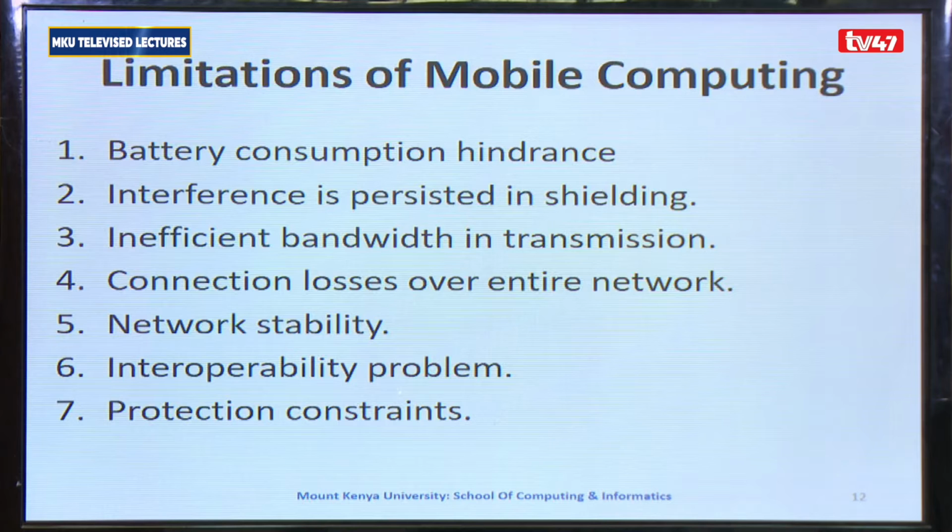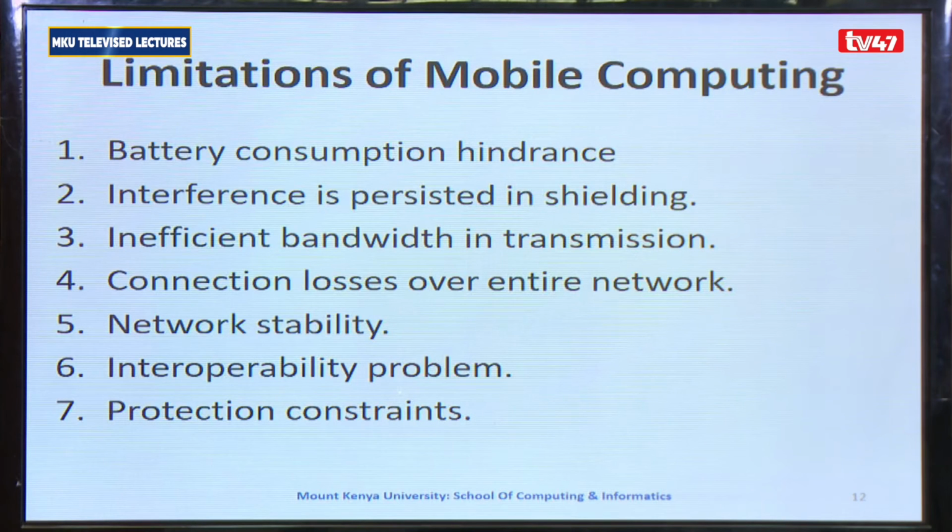The other limitation is interference and shielding. Every time there is usage of air as a medium of communication, there is interference from radiation and other elements that cause what we call attenuation or loss of signal strength.